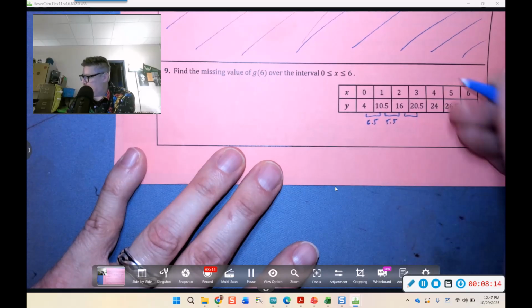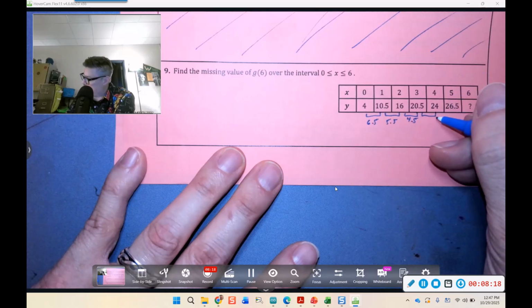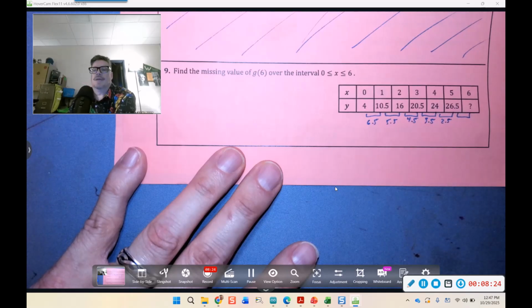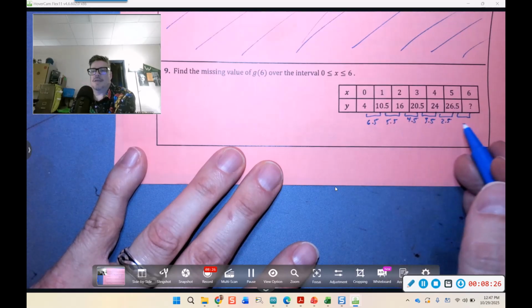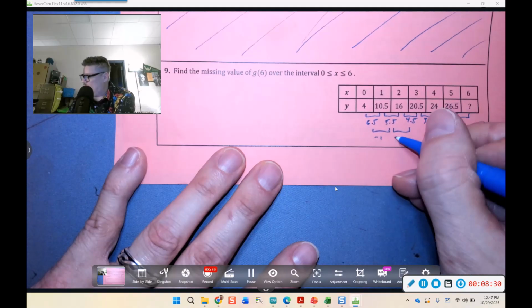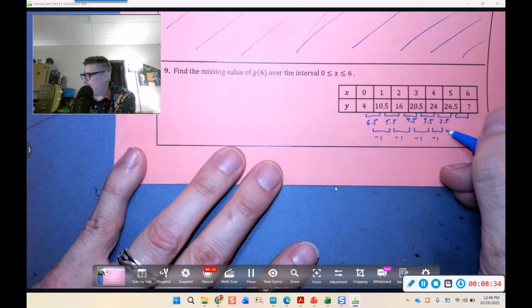This guy is 4.5. This guy is 3.5. You probably see a pattern here. If you can catch this right here, this guy's going down by 1 every single time, which makes this a quadratic.